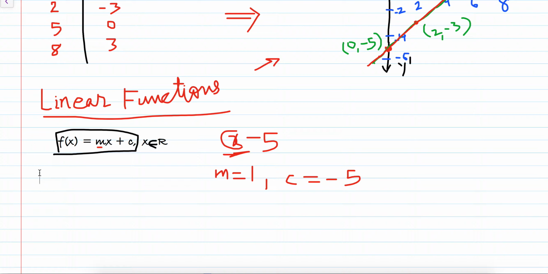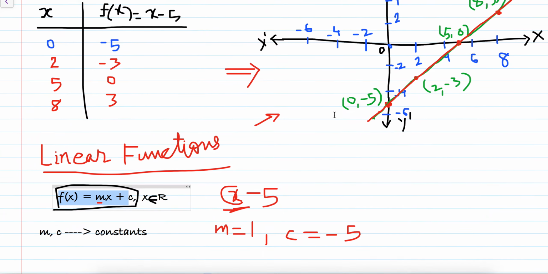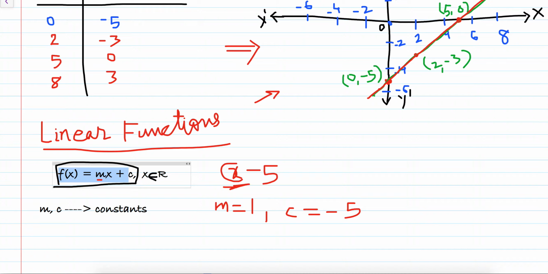So here m and c are constants. While studying coordinate geometry, we will again revisit this formula. This is the equation of a line. So we can define any kind of line using this formula.